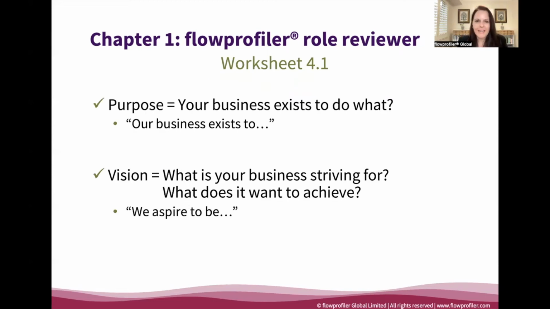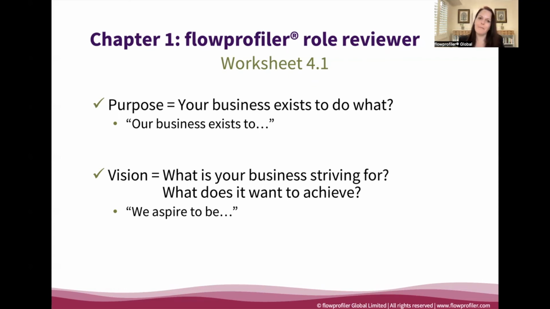Purpose. This is very much articulating what your business exists to do. So it's simply a case of finishing the sentence, our business exists to do blah. Our business exists to produce soup. That's the business's purpose. That's why it exists.